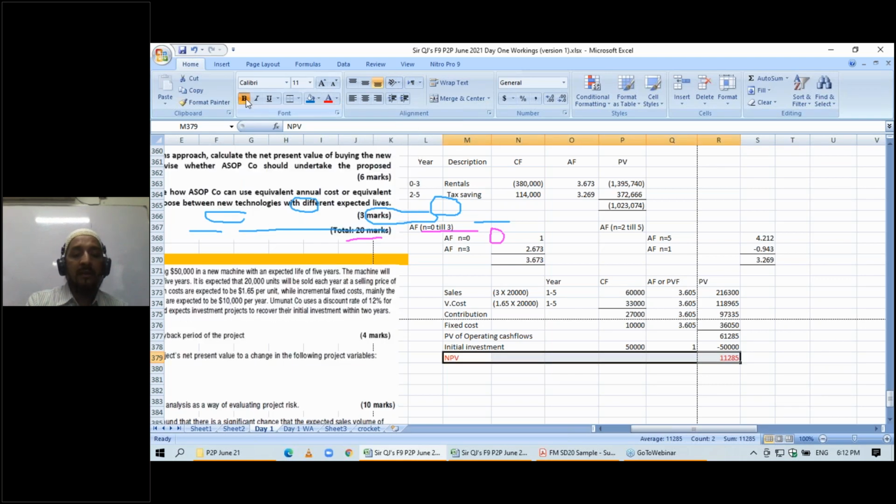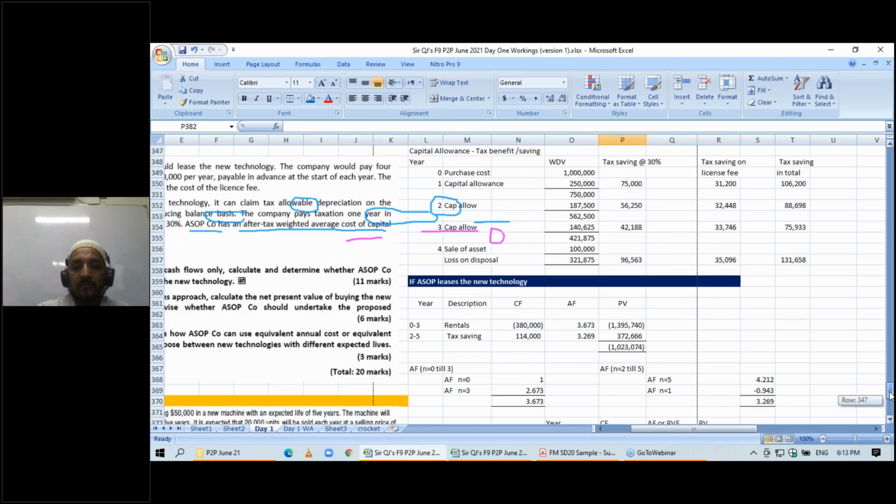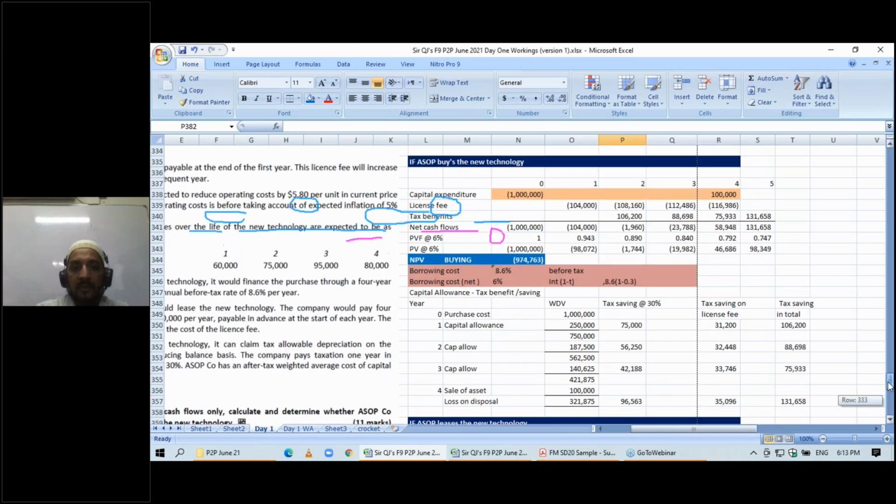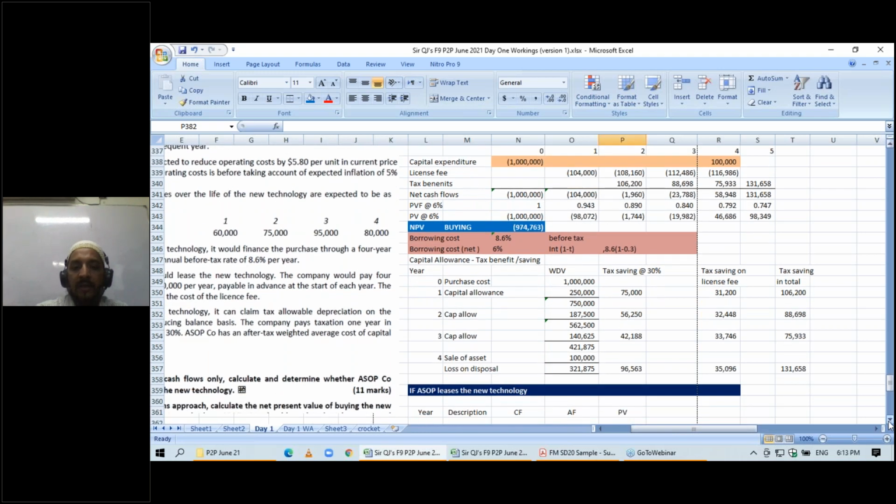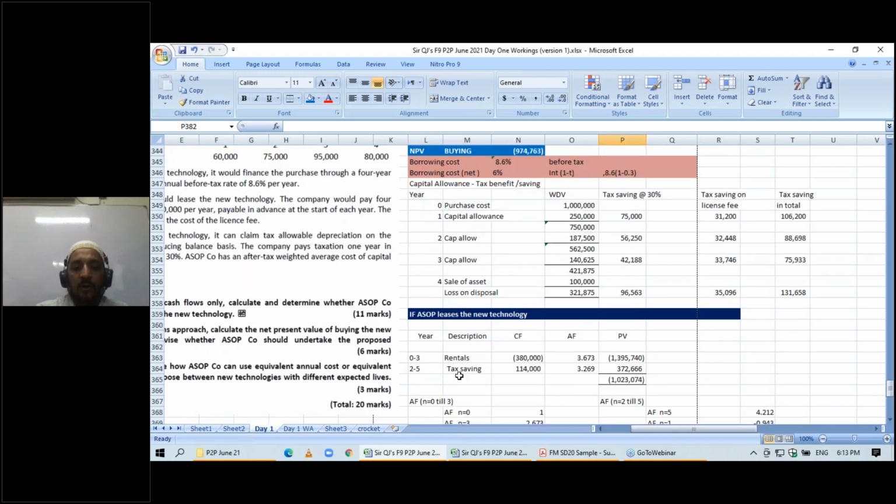Okay, students, let me remind you one thing, that before the break we were doing that lease or buy question, and I want to make a conclusion over there before I move ahead, that which option was cheaper. If we buy the asset, in that case NPV of buying was 974,763, but in case of leasing the NPV was 1,023,074, and both the NPVs are negative.